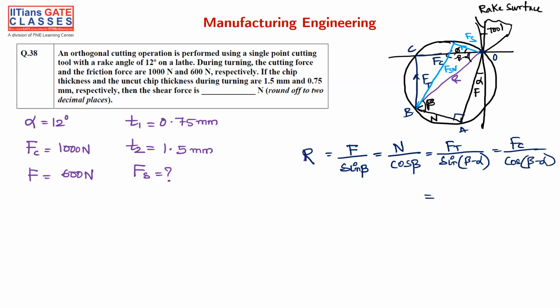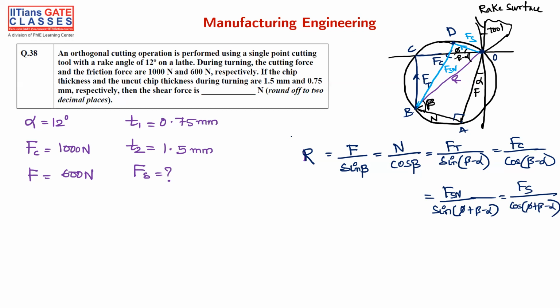Similarly, if you're considering triangle ODB, resultant is common. I can write FSN by sine of phi plus beta minus alpha, right? The total angle is phi plus beta minus alpha. And here another one is Fs by cos of phi plus beta minus alpha.